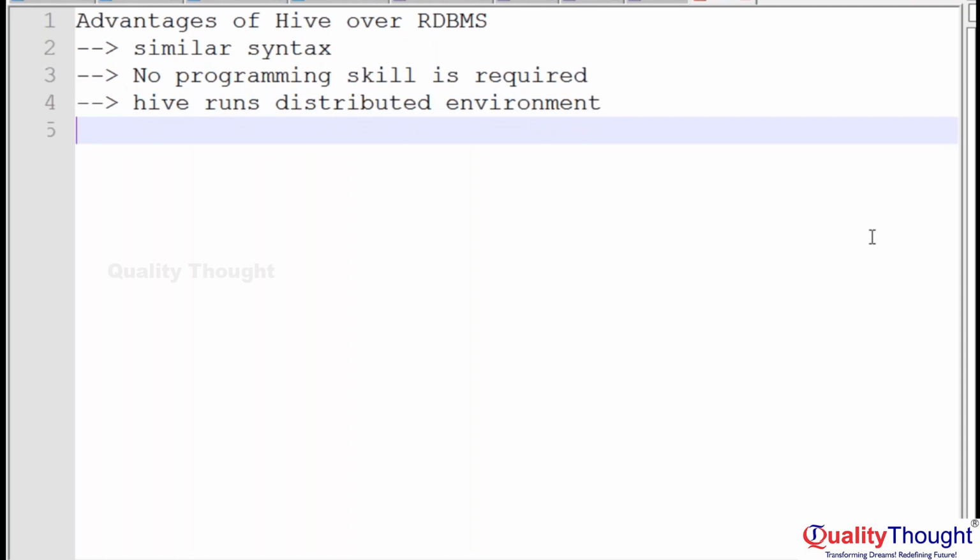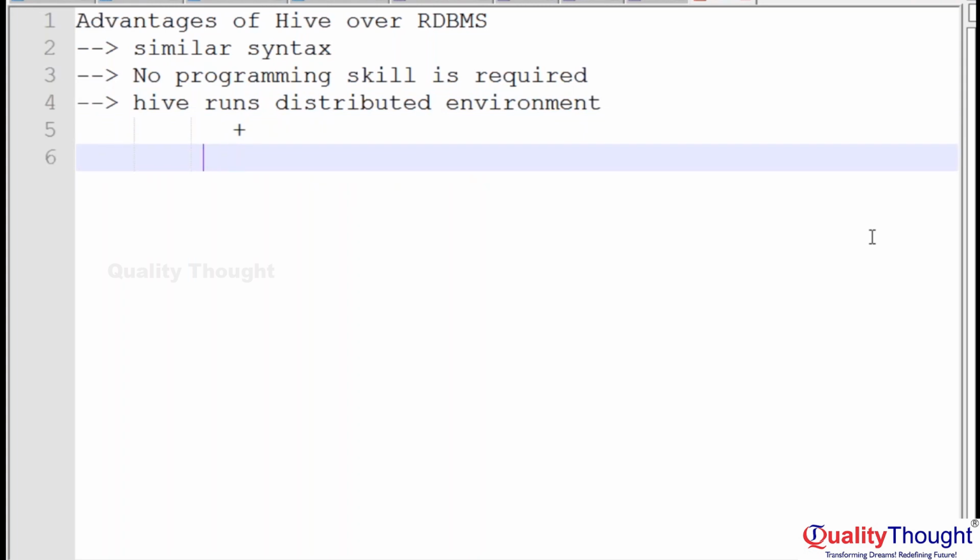And one more advantage is UDF, user defined functions.